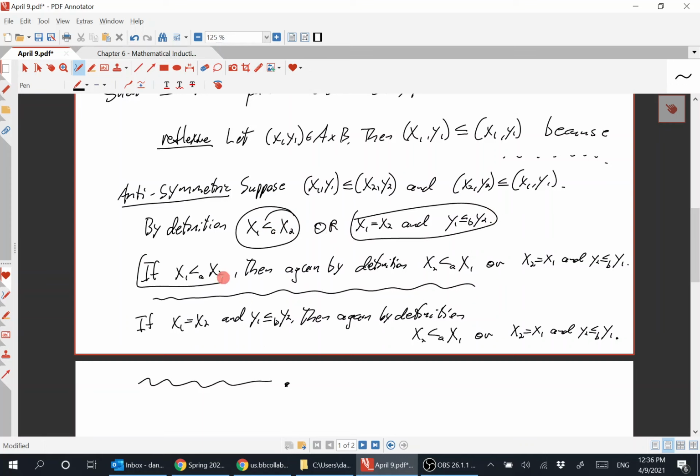In the first case, if that's true, then blah blah blah, period. If the second possibility is true, then blah, blah, blah, period. So your proof splits into two subproofs whenever you have either this is true or that is true. Okay?